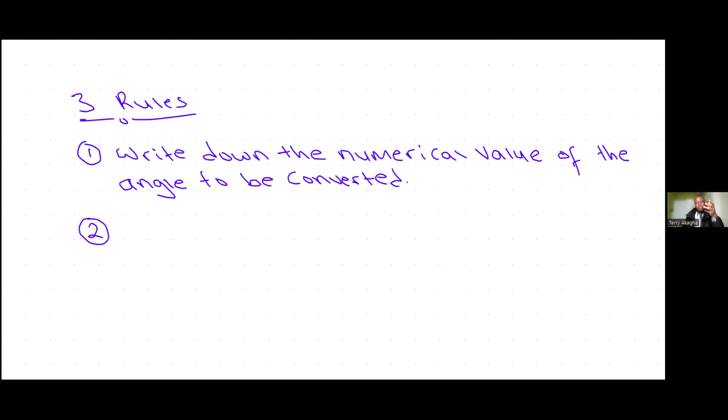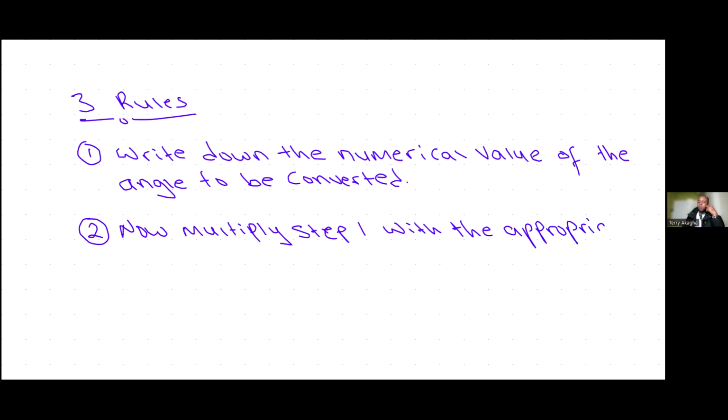If it's from radians to degrees, you multiply that angle in radians by 180 over pi.